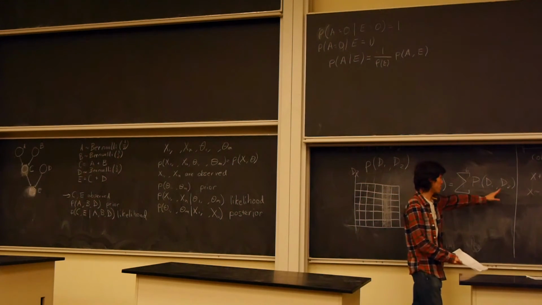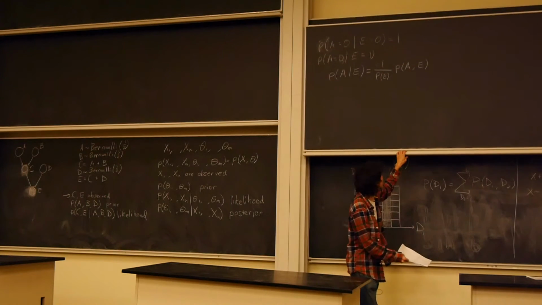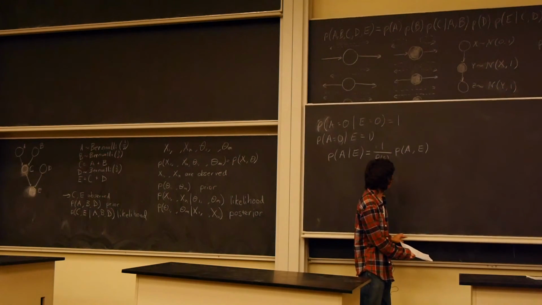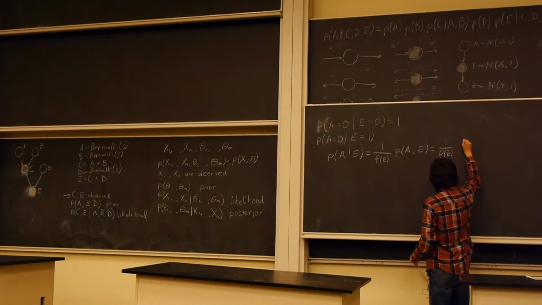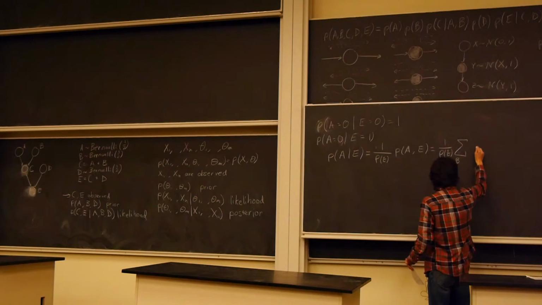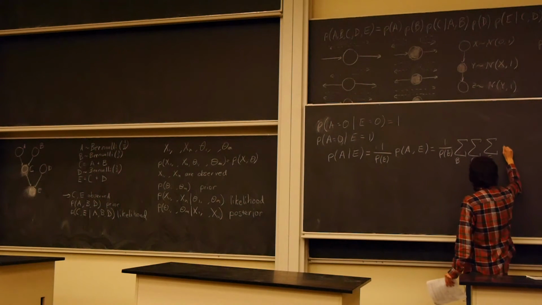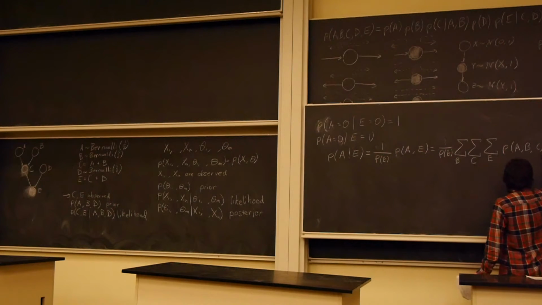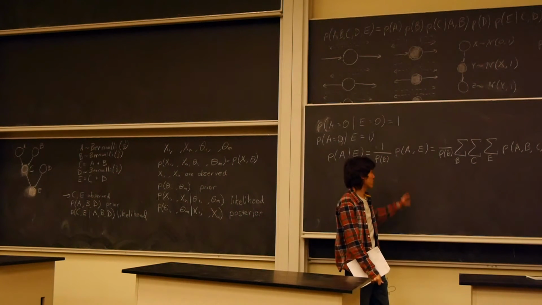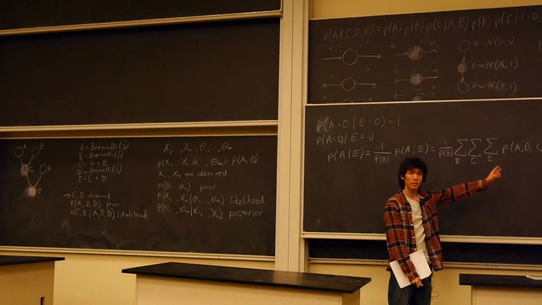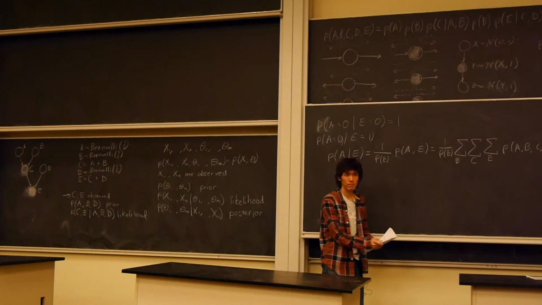I can introduce variables here, but I have to make sure I sum over them, okay? So here I'm adding variables B, C, and D into the probability and summing over them. Any questions about that step?